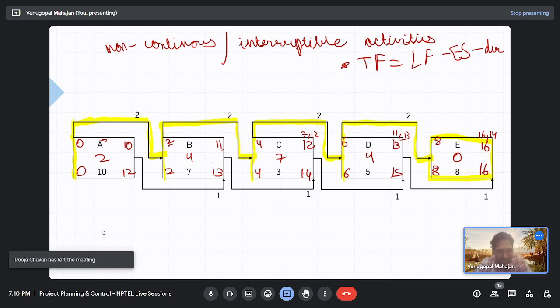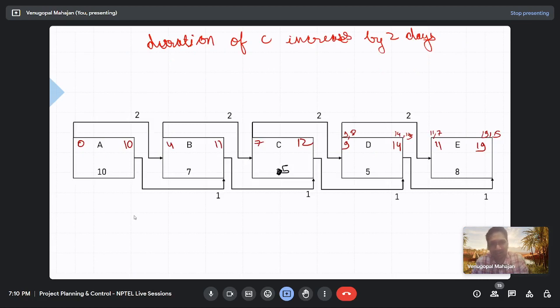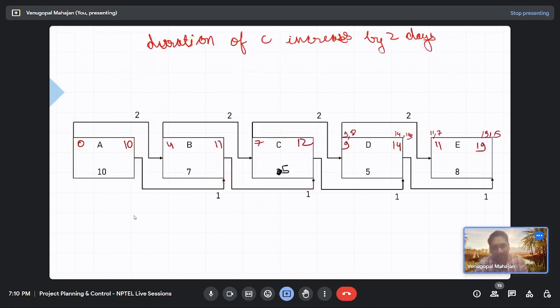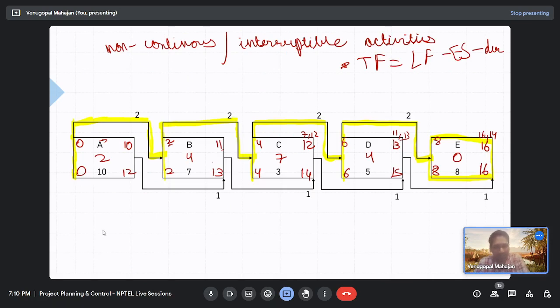I just gave you an example that if, instead of treating these activities as continuous, you split them, the whole project duration reduces. So don't you want to know how actually this split happened, how you are actually splitting these activities?